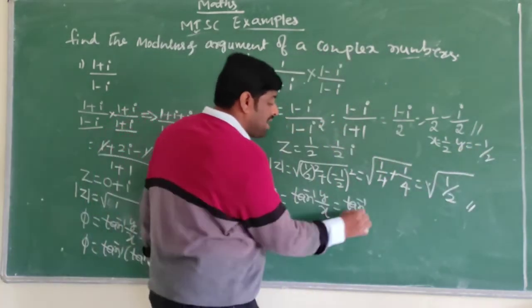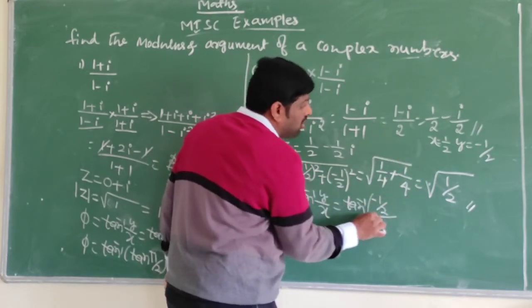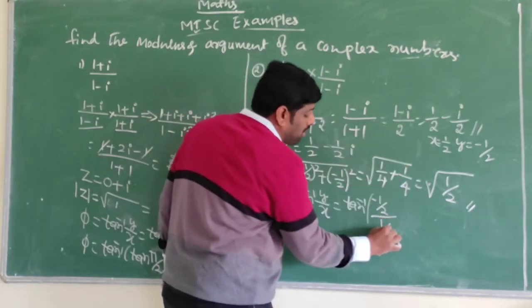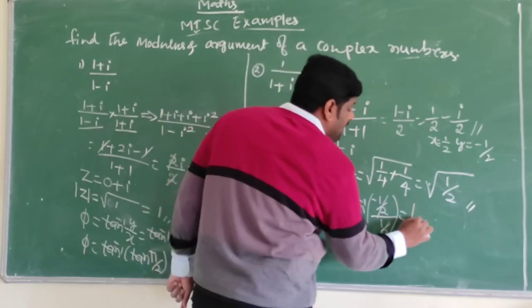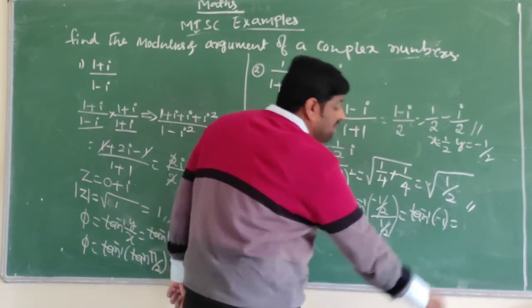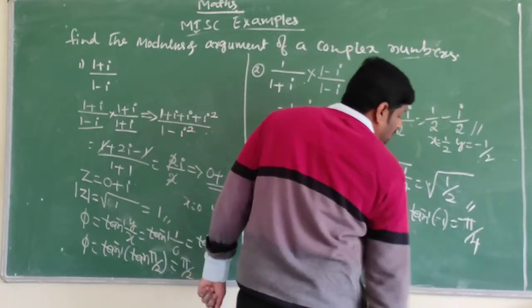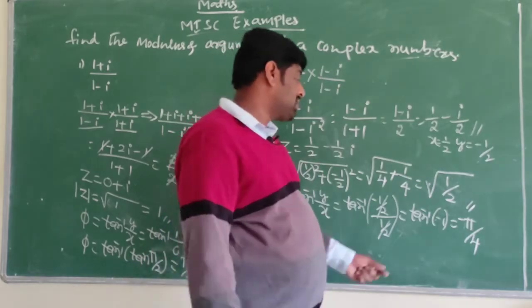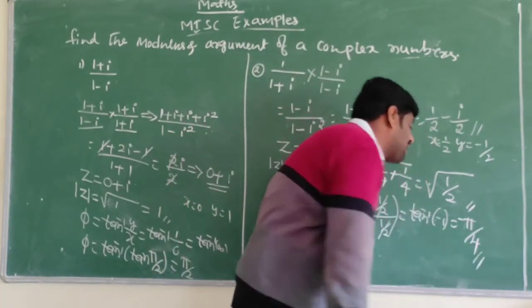That is tan inverse of y, minus 1 by 2, divided by x, 1 by 2. So this cancels, that is tan inverse of minus 1. Tan inverse of minus 1 is minus pi by 4. This is the argument.